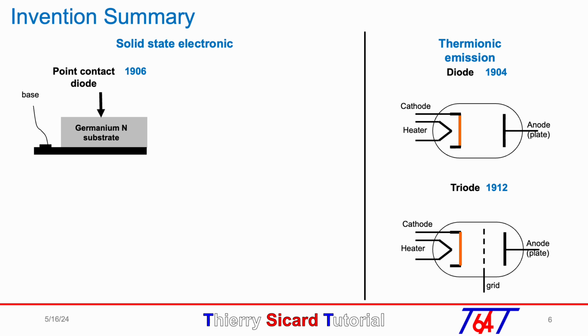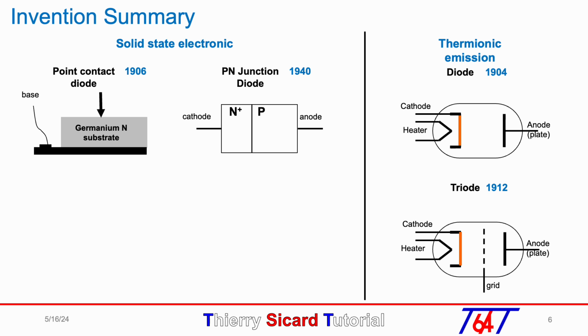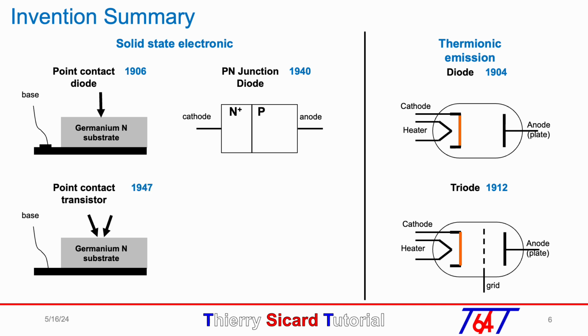In 1940, Russell Ohl invented the PN junction. In 1947, a second point contact on the point contact diode created the first point contact transistor. With this new component, we were able to do the first amplifier using the solid-state electronic.